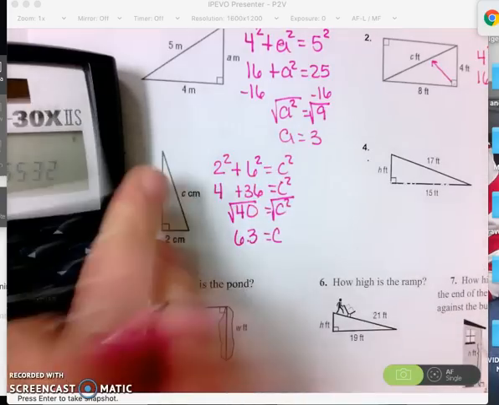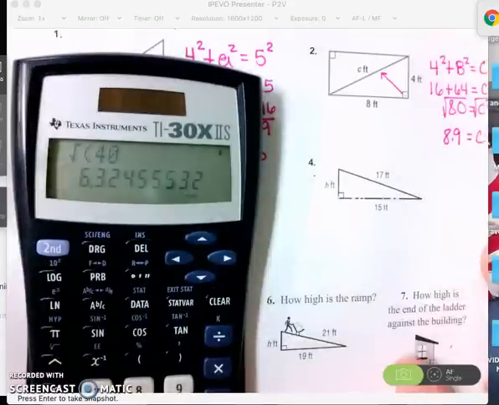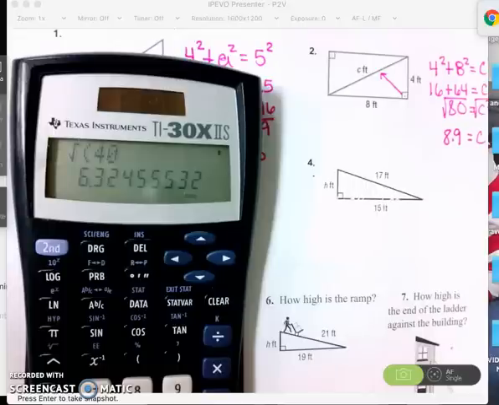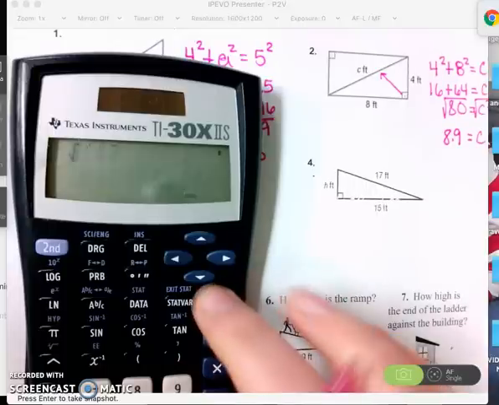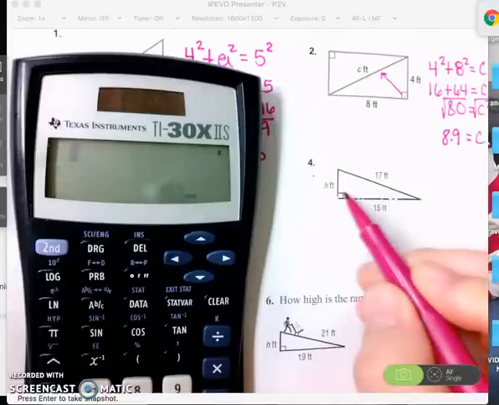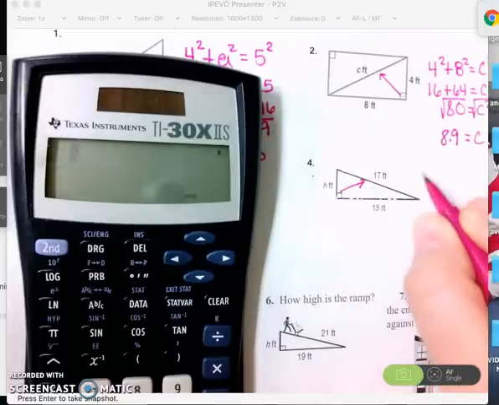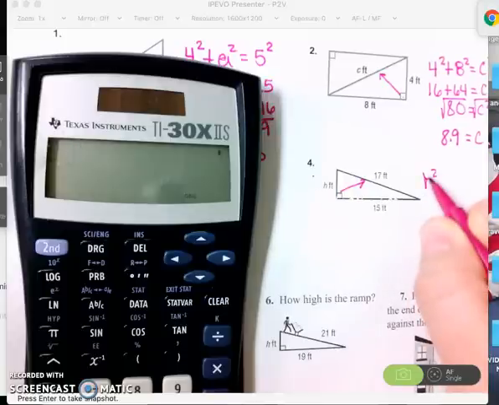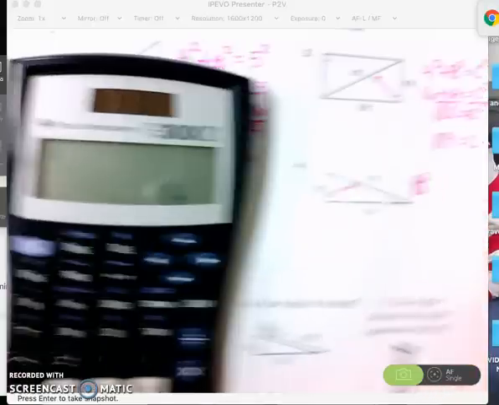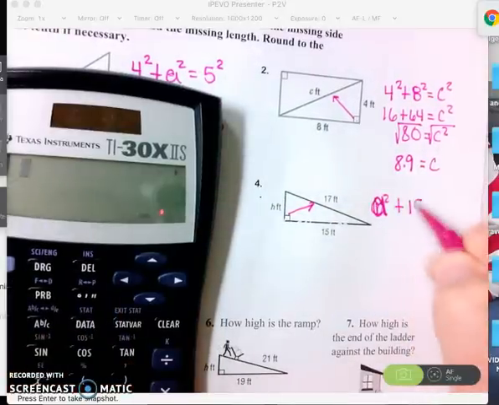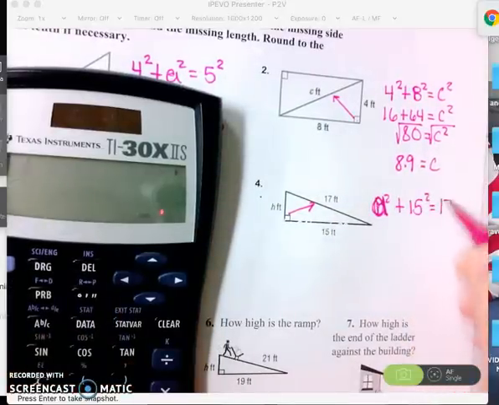Okay, at this point, I would like you to draw a heart in the bottom right corner of your paper. Alright, this one, we're given our c, so our 2 are going to be h squared, which you can change to a if you'd like, doesn't matter. Then plus 15 squared equals 17 squared.